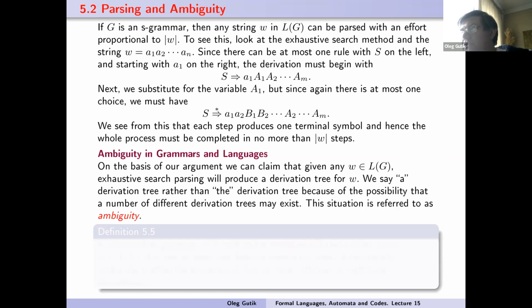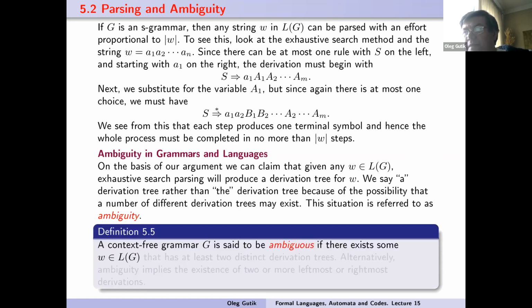This situation is referred to as ambiguity. Definition: a context-free grammar G is said to be ambiguous if there exists some word W in L(G) that has at least two distinct derivation trees.